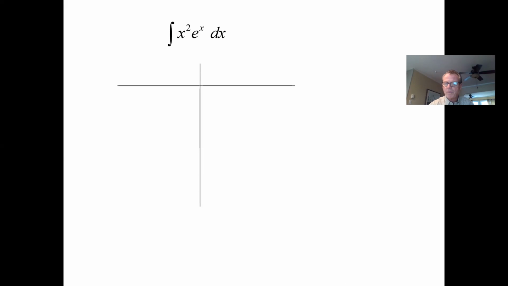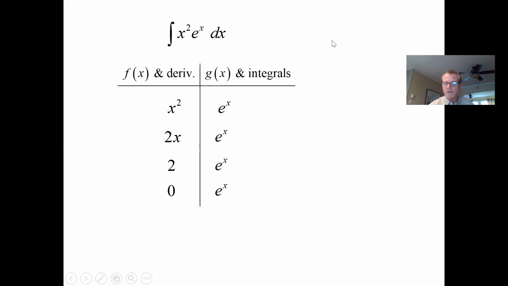You build a table. In the first term, you differentiate. So you would get x squared, 2x, and 2. The other term, you anti-differentiate. Well, which is which? Well, the term you pick to differentiate is the one that's going to differentiate to 0. So e to the x is never going to differentiate to 0. So that's the term you want to anti-differentiate. So you just have all these e to the x's over here.